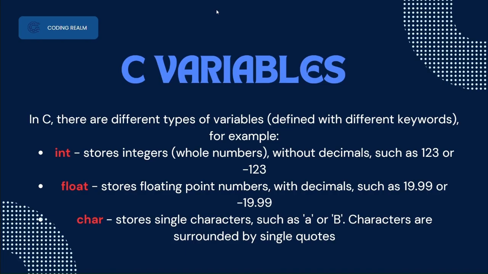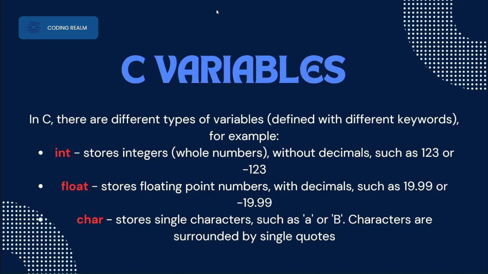In C, there are different types of variables defined with different keywords. For example, int is an integer. It stores integers, whole numbers without decimals, such as 1, 2, 3, or -1, -2, -3. Float stores floating point numbers with decimals, such as 19.99 or -19.99.